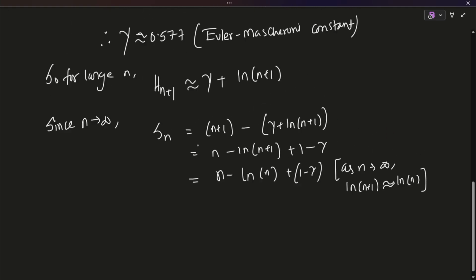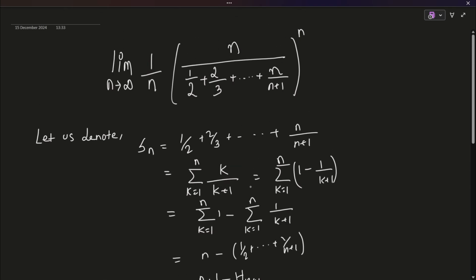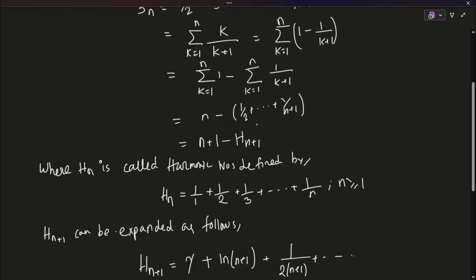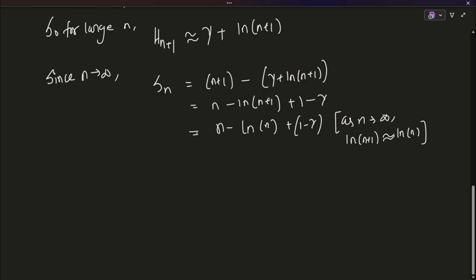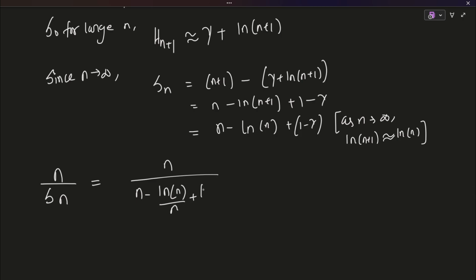All good. But we were actually doing this limit, which means n by Sn, and then n by Sn to the power n is to be analyzed. So now let's look at n by Sn and what this quantity could be. If I put in the values, I see that n by Sn is n divided by n minus ln n plus 1 minus gamma.